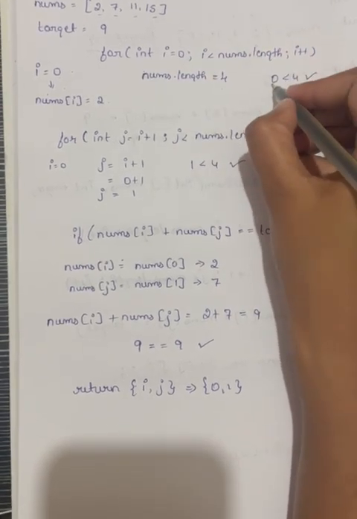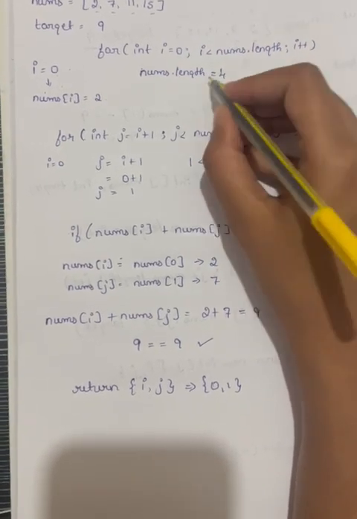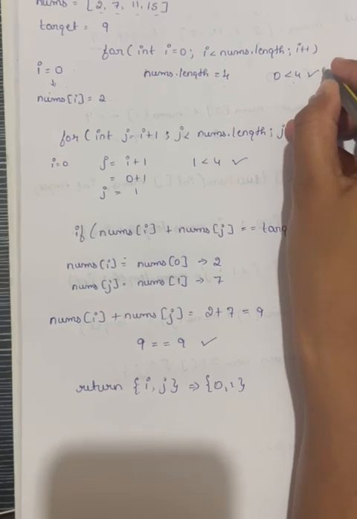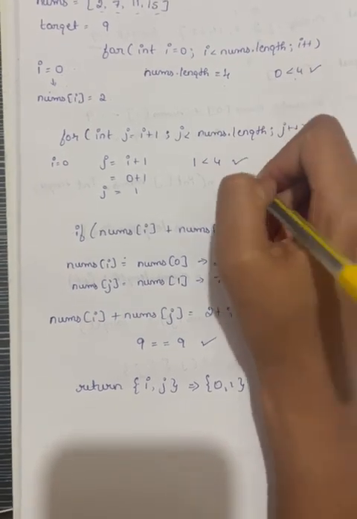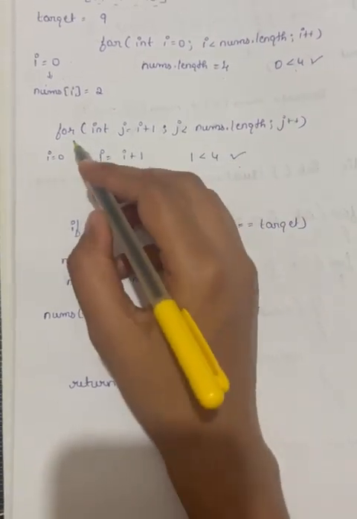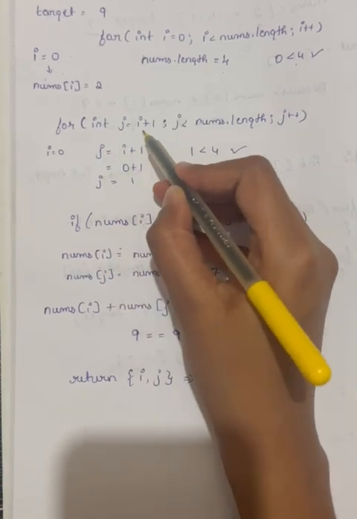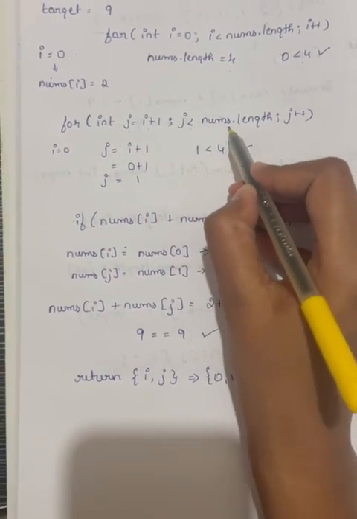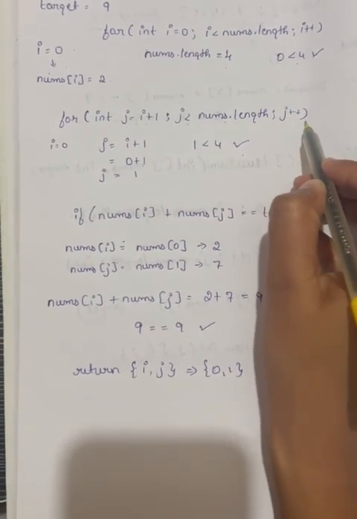i value is 0, 0 less than 4. The condition will be satisfied. Then it will enter into the j loop: for int j is equal to i plus 1, j less than nums dot length, j plus plus.